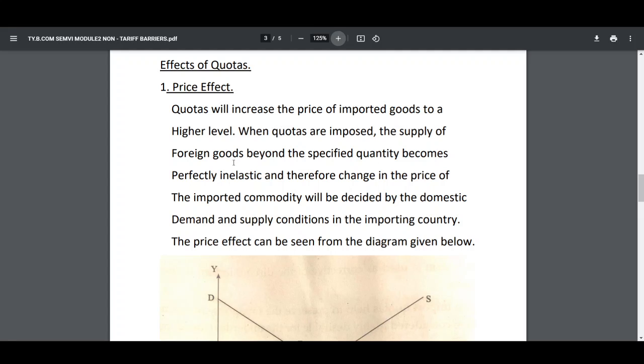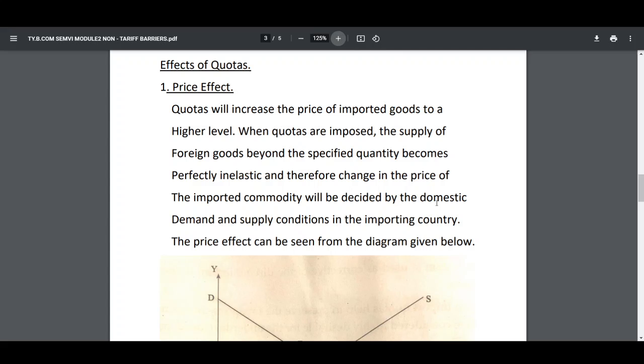The supply of foreign goods beyond the specified quantity becomes perfectly inelastic, and therefore the price of the imported commodity will be decided by the domestic demand and supply conditions in the importing country.